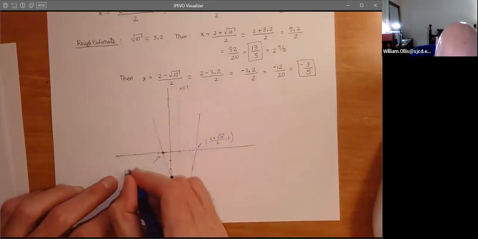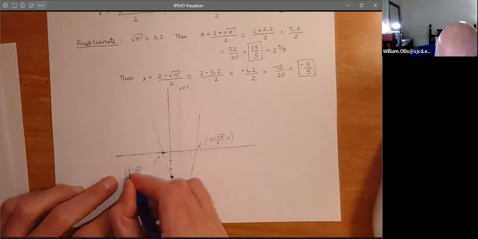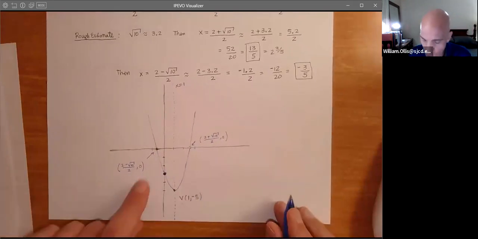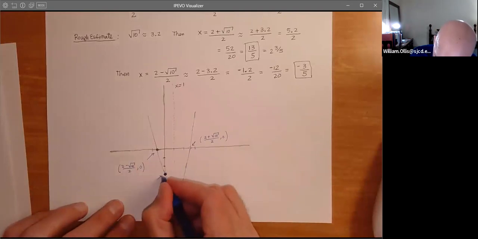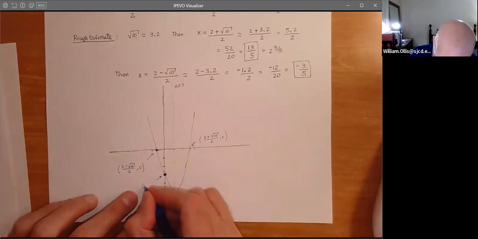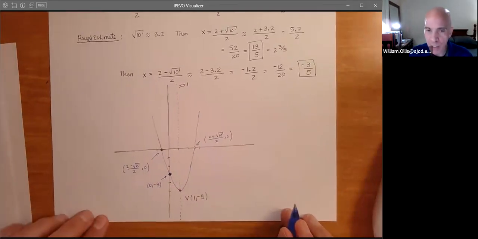And then we have (2 minus square root 10) over 2, 0. Just to show that we have estimates of these. And then, of course, we have our y-intercept, which is just -3, but we'll write the actual ordered pair. And of course, we have our vertex.